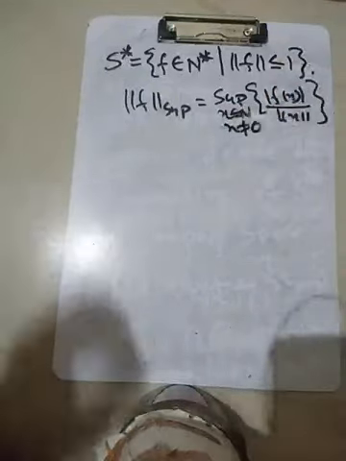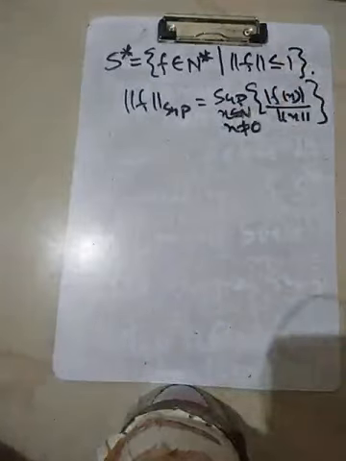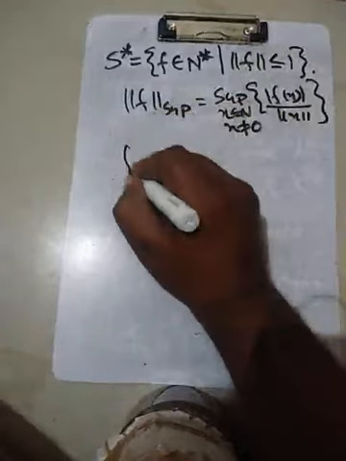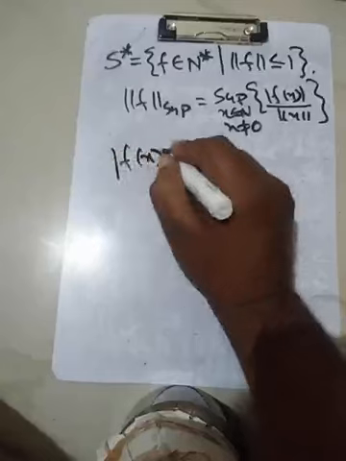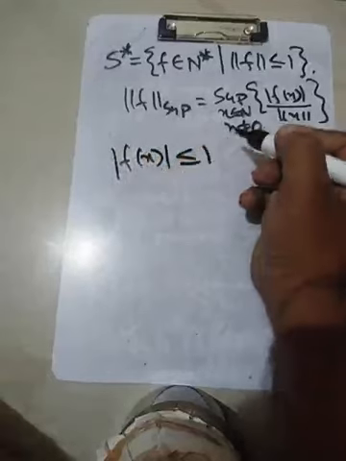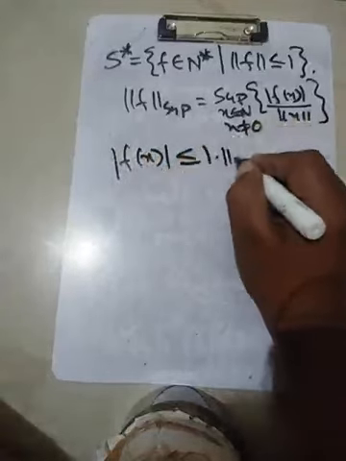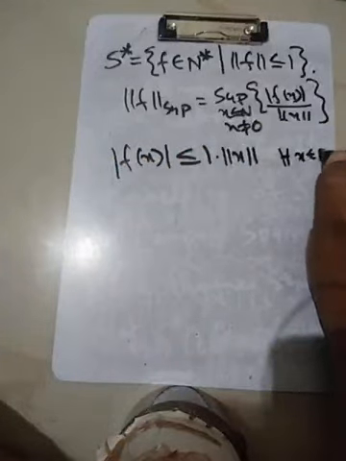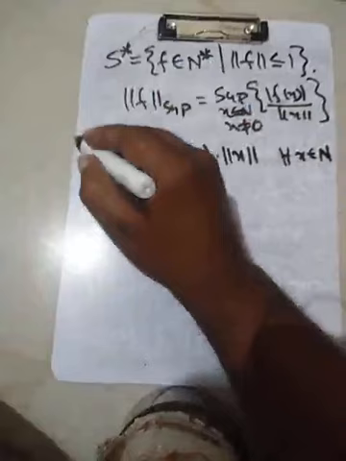So all those things, we have this S star. Once we have that this is less than or equal to 1, this clearly implies that mod of f of x is less than or equal to 1 times norm of x for all x belonging to N, if f is in S star.